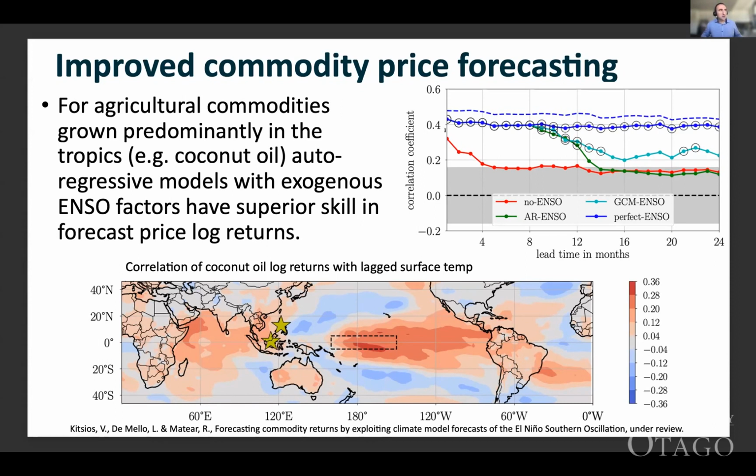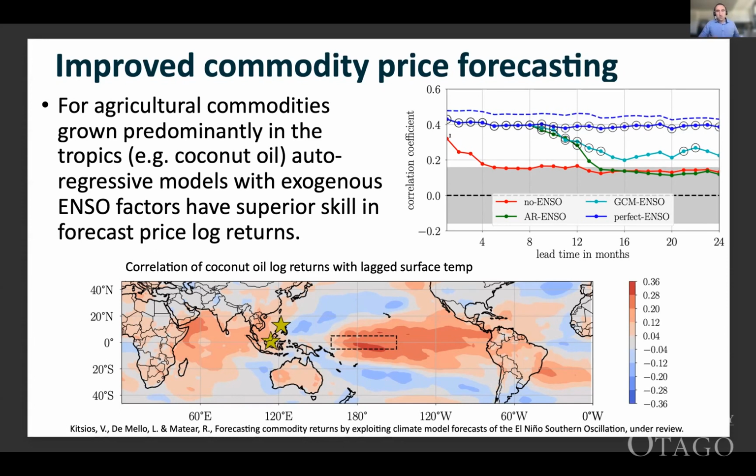Here is the correlation coefficient of the actual log returns of coconut oil correlated with the forecast of the log returns. That forecast is made at 1 month, 2 months, 3 months, 4 months, all the way out to 24 months or 2 years.